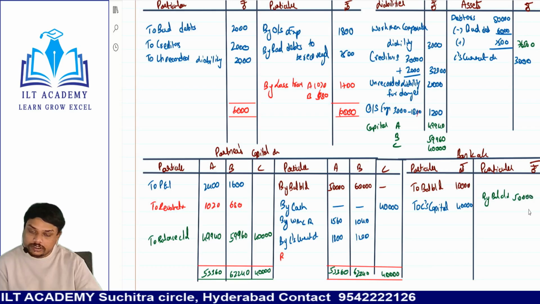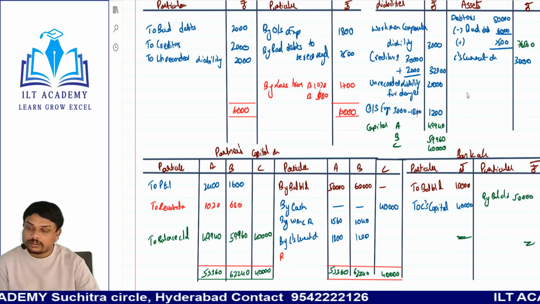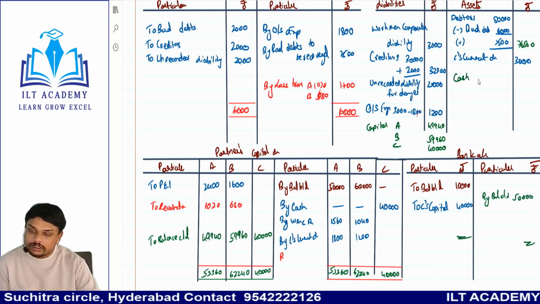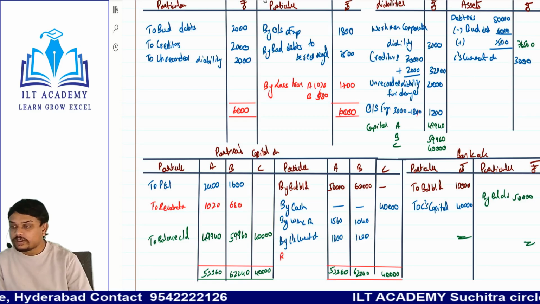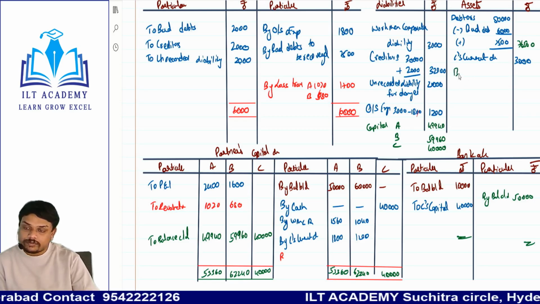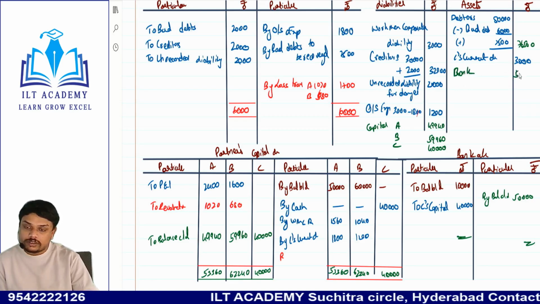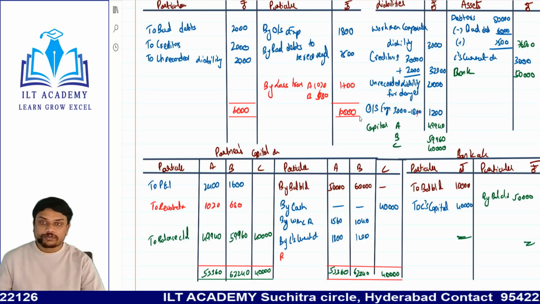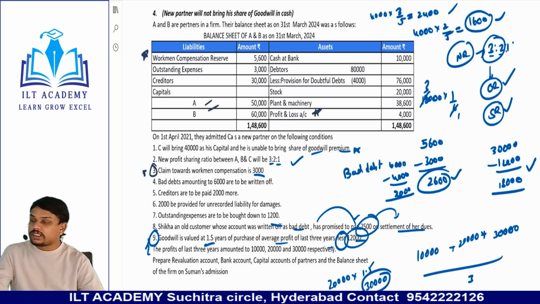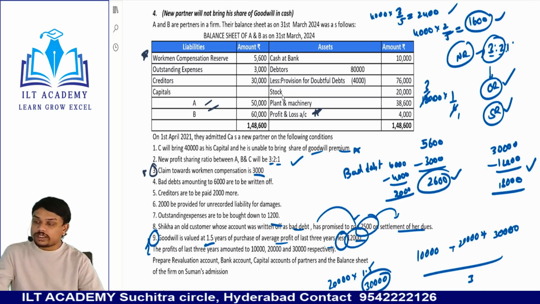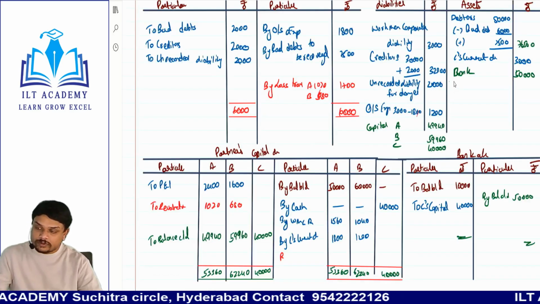Okay. So no, only bank accounts. No need to write any cash. 50,000. After writing this bank balance, still we are having what? Debtors are there. This current account we have recorded. Stock, plant and machinery.